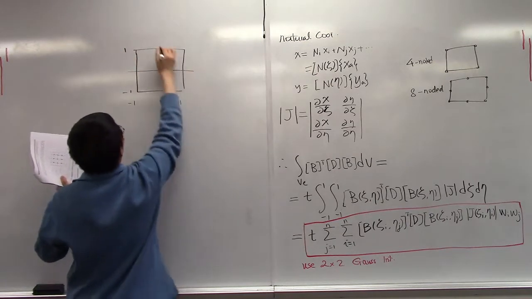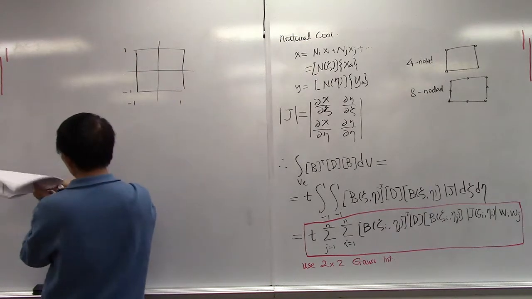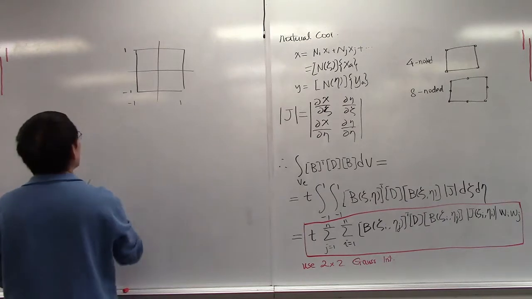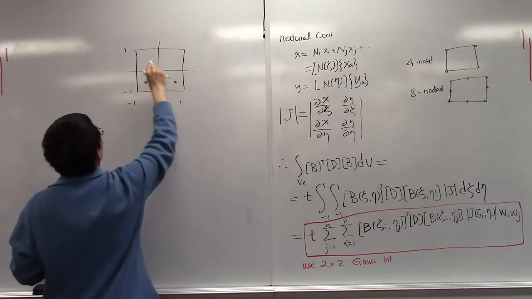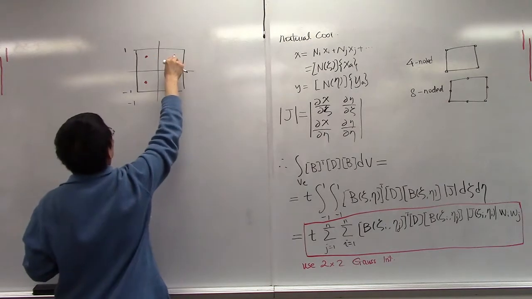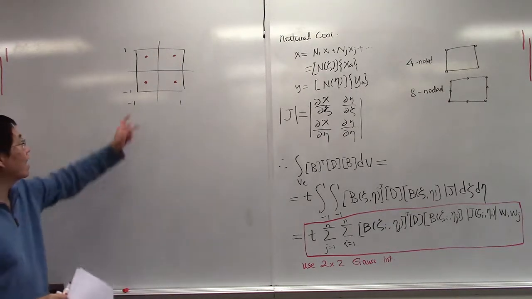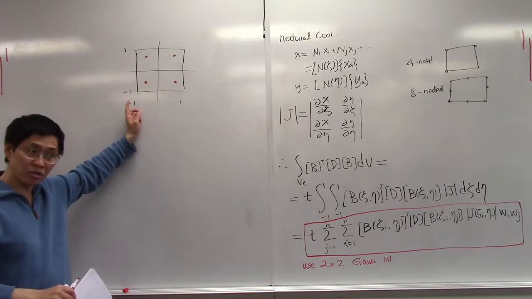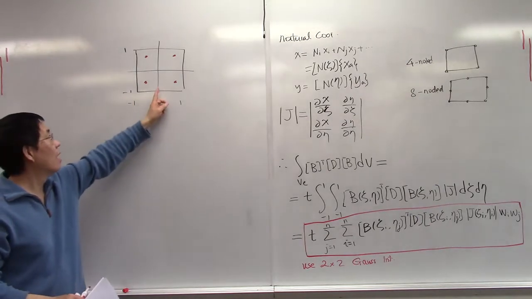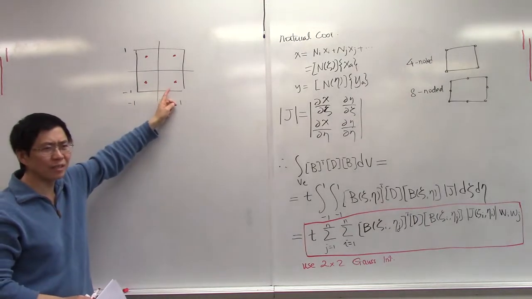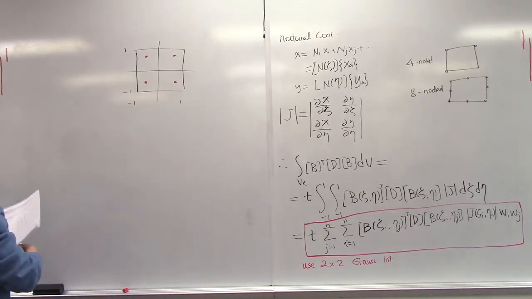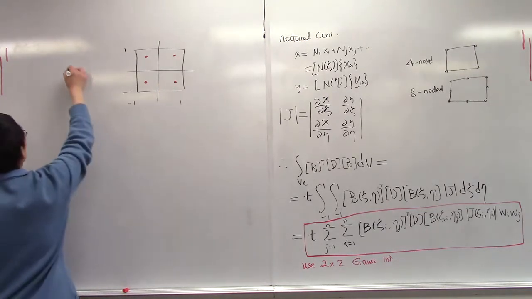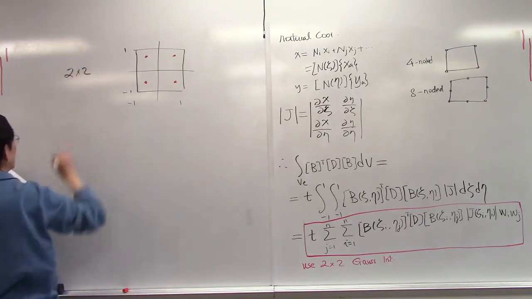So a 2-point Gaussian integration, the integration point is somewhere here, and here, and then here, and here. It is biased a little bit towards the edge because it's 0.577 something. Okay, so it's something like that. This is 2 by 2.